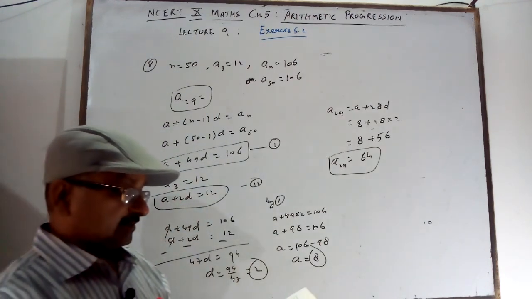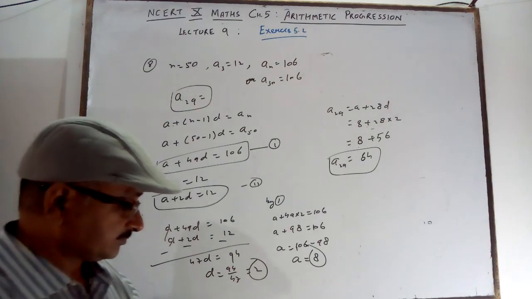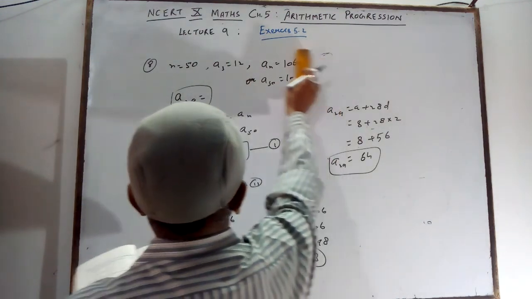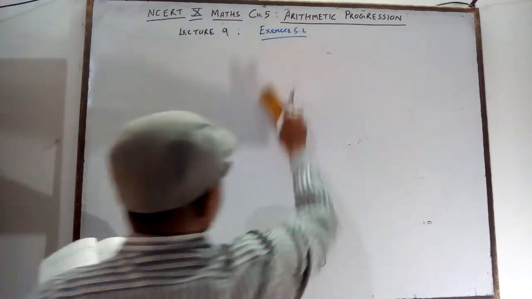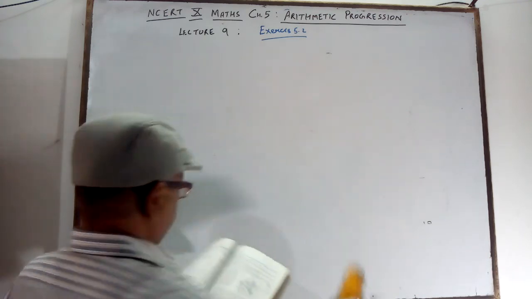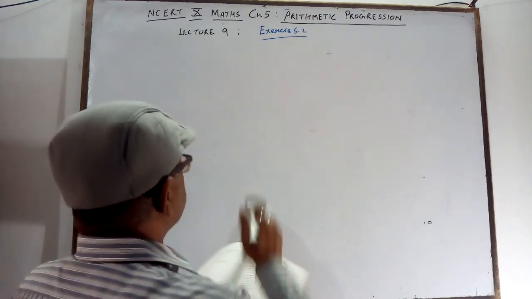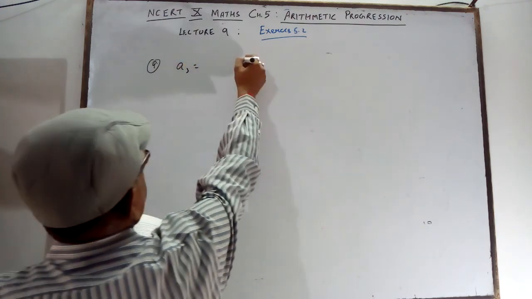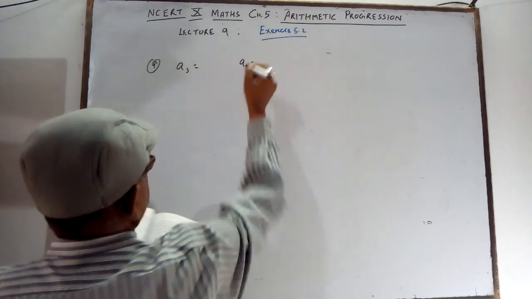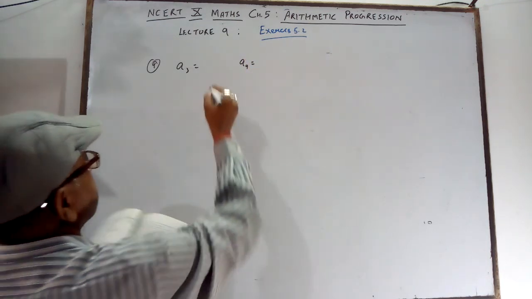Question number 8 you have seen. Now question number 9. The third term and the ninth term of an AP are 4 and minus 8.